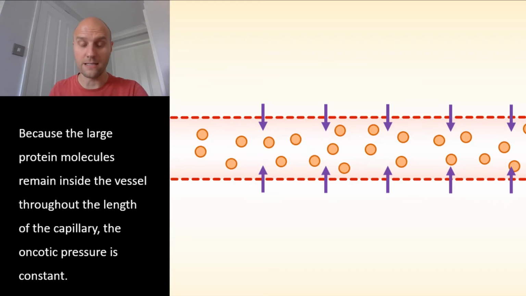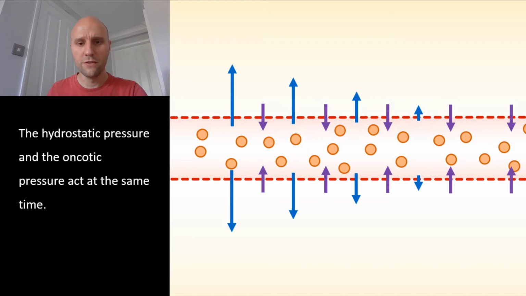And again, like it says here, because the protein or large molecule content of the blood doesn't really change along the length of the capillary in health, that oncotic pressure is fairly constant. So these two pressures act on the fluid at the same time.